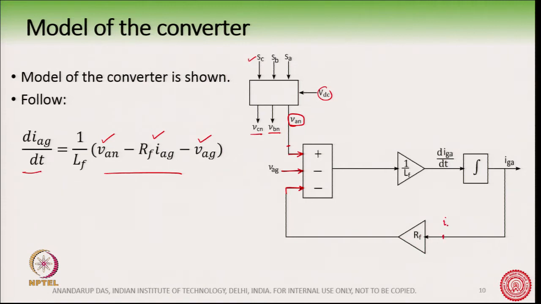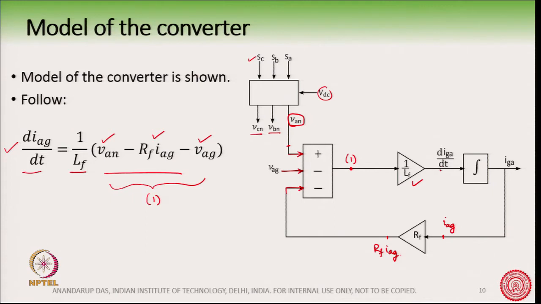Suppose I have obtained IAG here. Let us assume that I have got it. Then here comes RF IAG and this I will put here. Suppose I give 1 here, what I get is 1 here. And then I multiply by 1 by LF and then I get this expression di/dt.